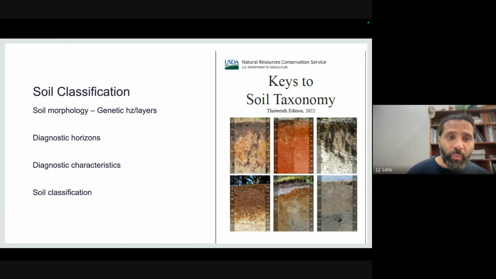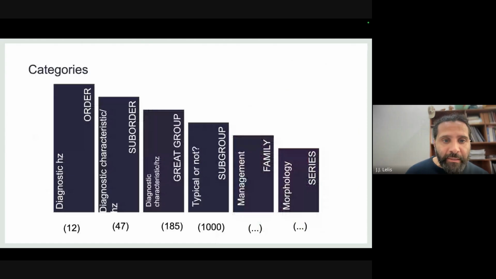Okay, what we plan to do now, we will start to talk about the diagnostic horizons, especially what we call epipedons, the topsoil, the surface horizons, okay? Just before talking about the topsoils, the epipedons, I will show you what we see in Soil Taxonomy. In Soil Taxonomy, we classify the soils in a hierarchical way.